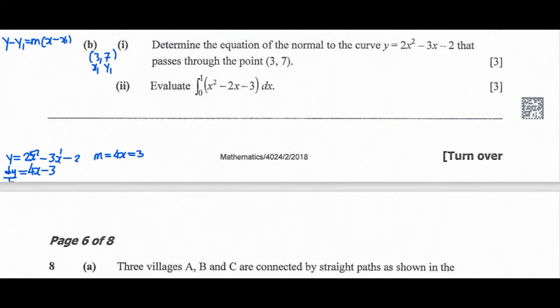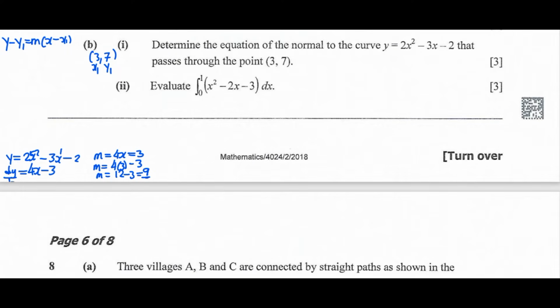Now, from the given coordinates, the x value is 3, so where there is x we put 3. So this will be 4 times 3 minus 3, which is 12 minus 3, so our gradient is 9. According to my calculations, my gradient is 9.